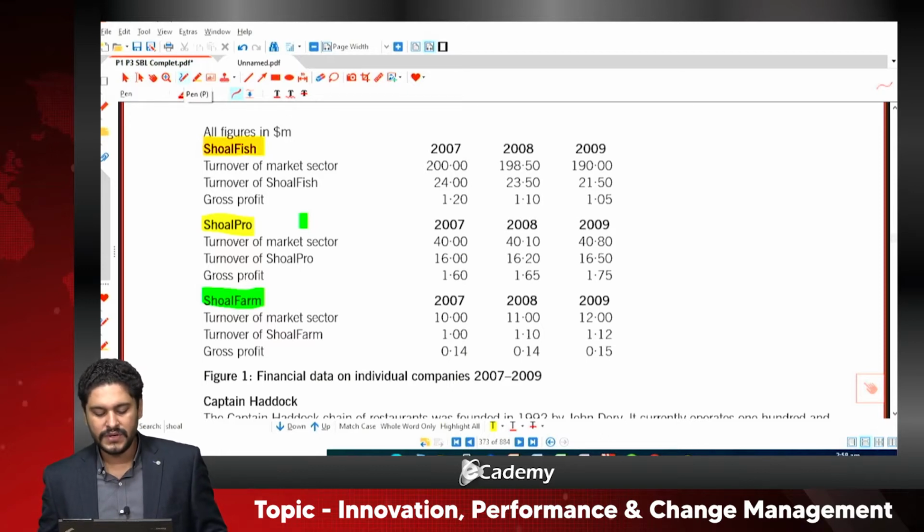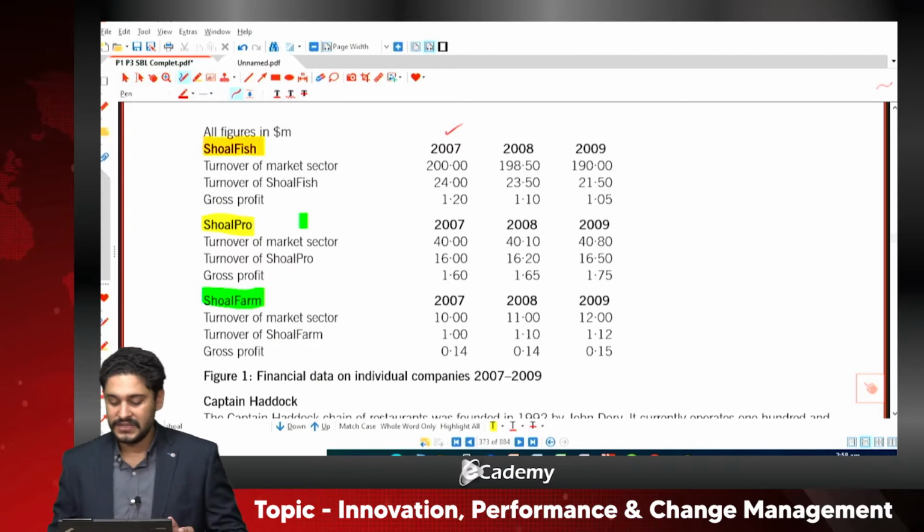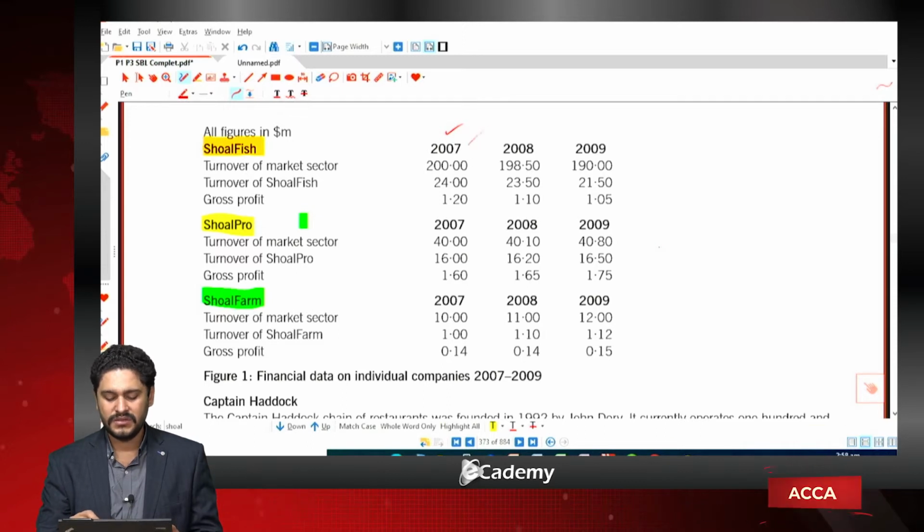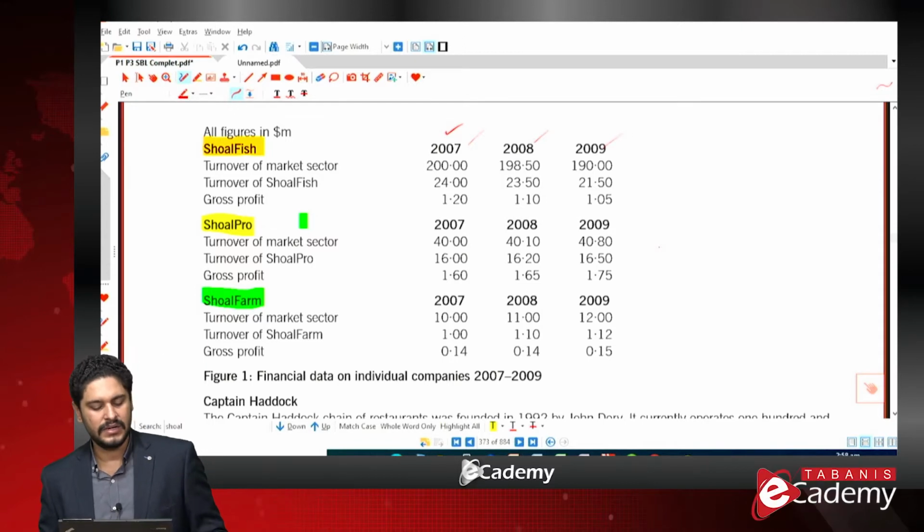The total turnover in 2007 was $2,000 million for the entire market sector. If I start calculating, it is around 12%. Same in 2008 and same in 2009 as well.